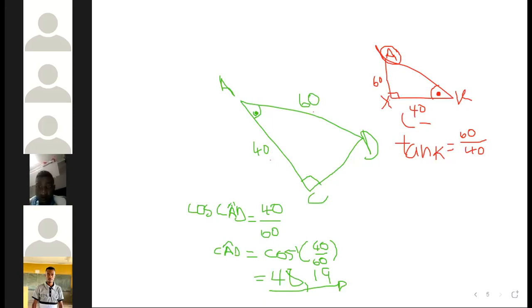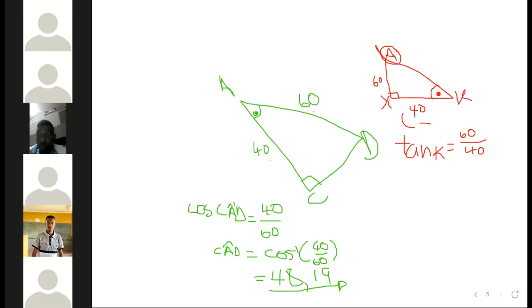Yes, Amukelani. How can we find DE? The length of DE.